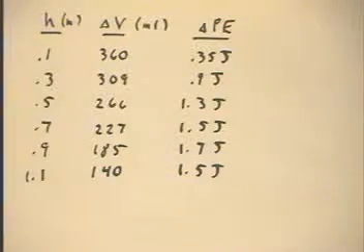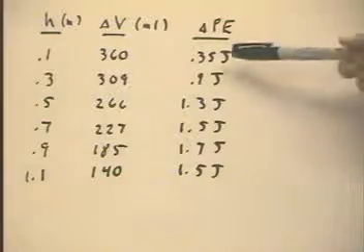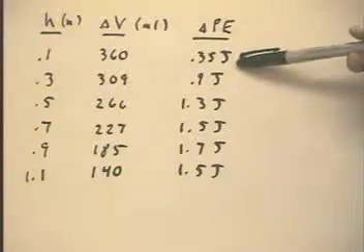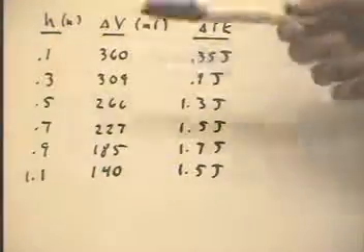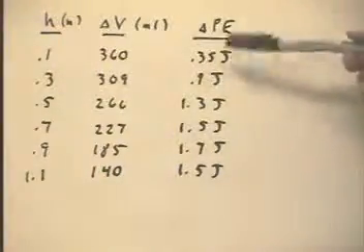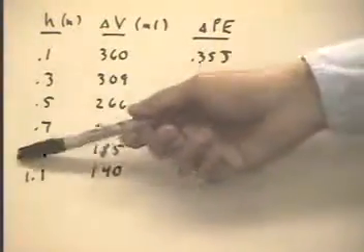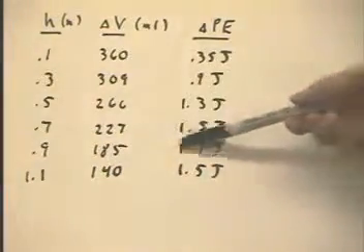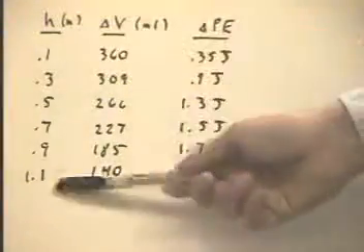So from the number of grams of water raised and from the height, we can easily determine the potential energy change. And what we see is that at a height of 0.1 meters, of course, we don't get much increase in potential energy because 0.1 meters isn't very high. Even though we pump a lot of water, we don't pump it very high, so we don't get a lot of potential energy change. Actually, at 0.9 meters, we get our maximum potential energy gain, at least the maximum from among these heights.